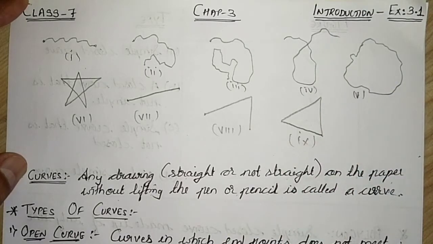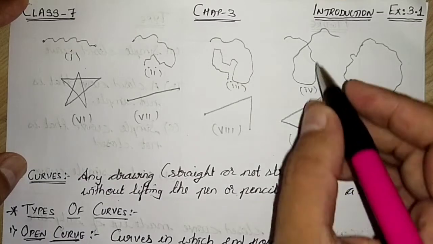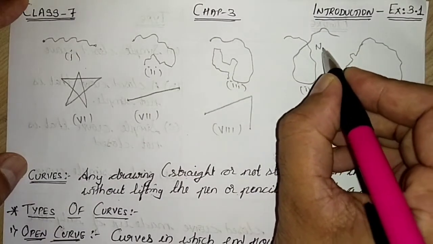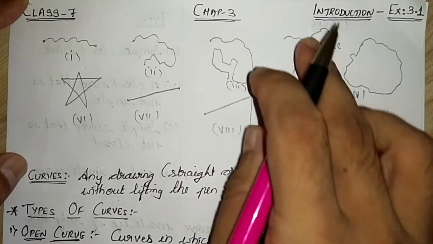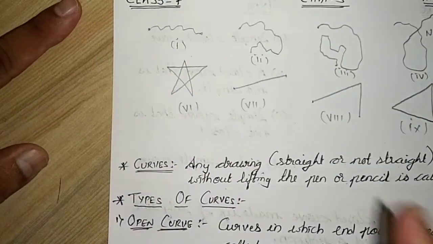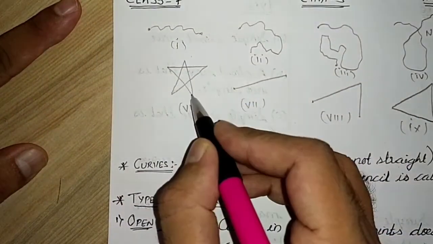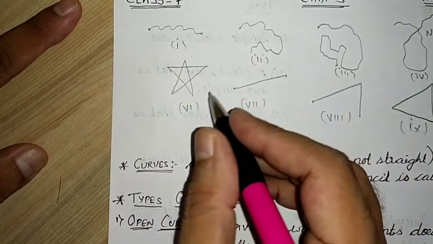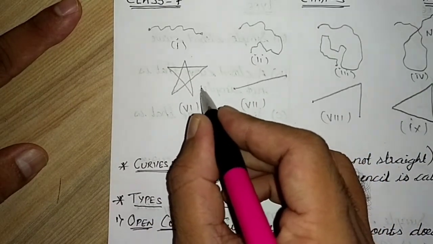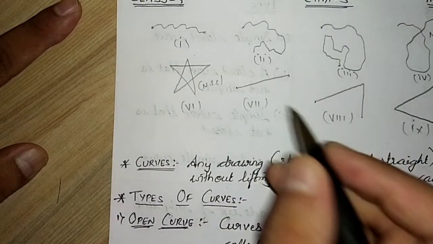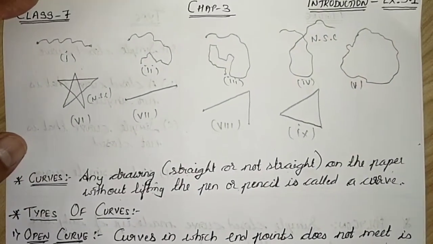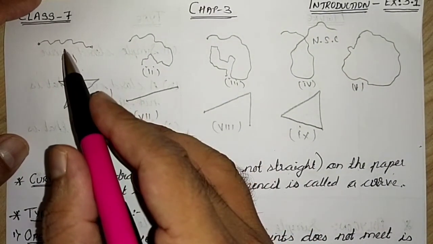So this is not a simple curve, because it is crossing over. Here in the star also you can see the points are crossing over, so we can say it is not a simple curve. Rest all are simple curves.